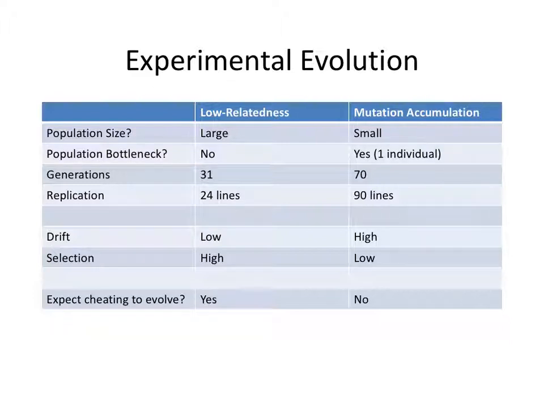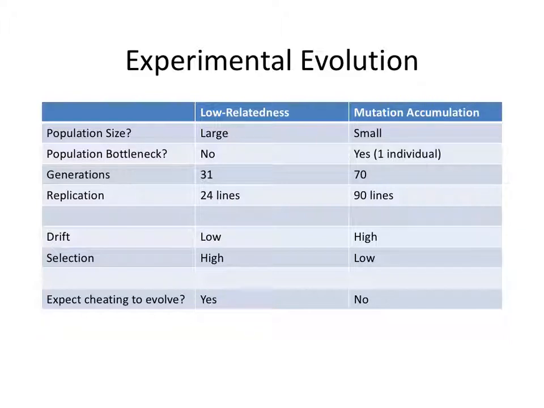The other type of experiment they did was basically the opposite. Instead of a large population, they use a small population. And instead of no population bottleneck, which basically just means you feed the population as much food as it needs, in this case they grow a very small number of organisms, and every generation, or every few generations, they take one amoeba to start a new population, to continue that lineage.